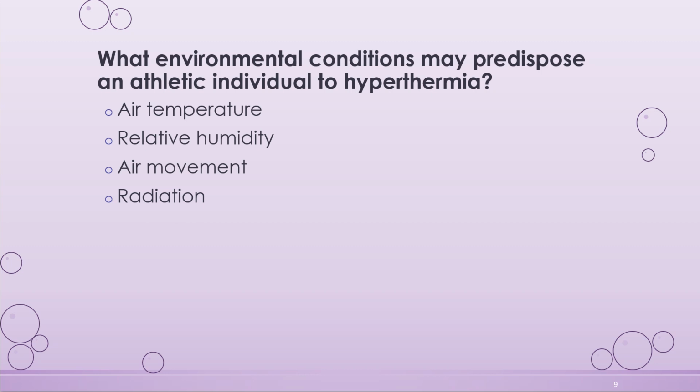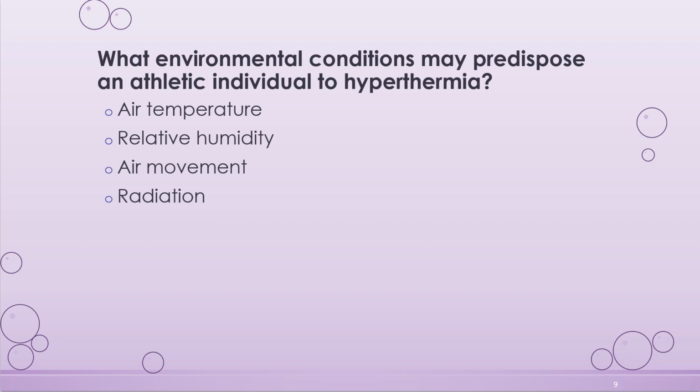Air movement, also known as wind speed or wind velocity, enhances the body's heat loss through convection. When there is a breeze or wind, it helps carry away the heat from the skin, promoting cooling. In contrast, still air impedes heat dissipation, making it harder for the body to cool down.